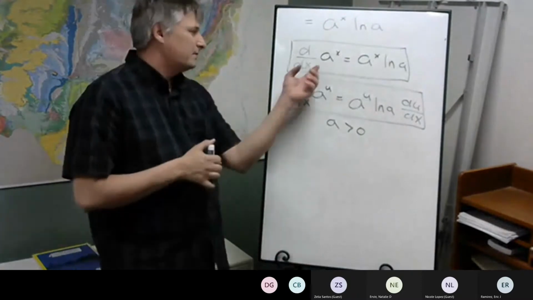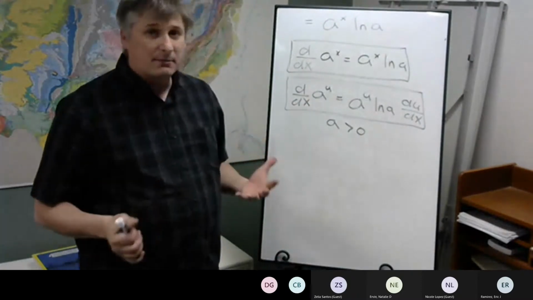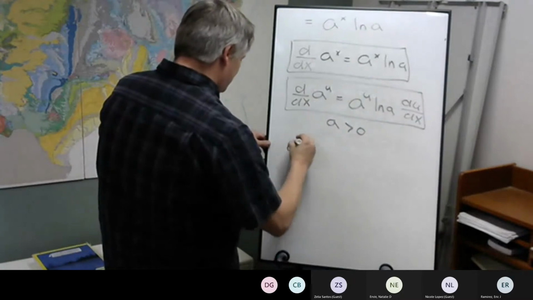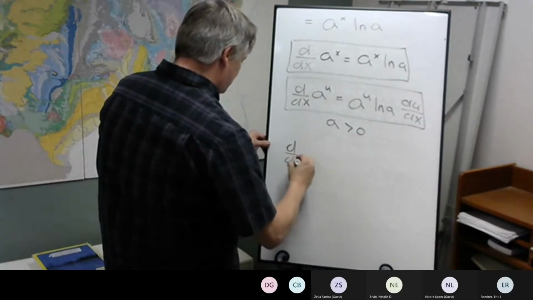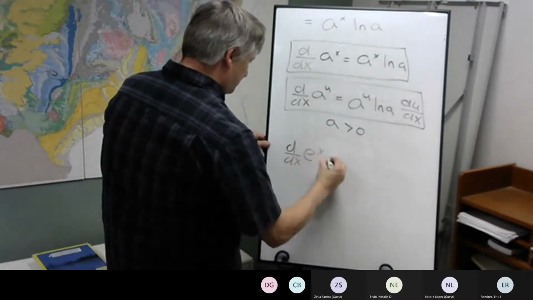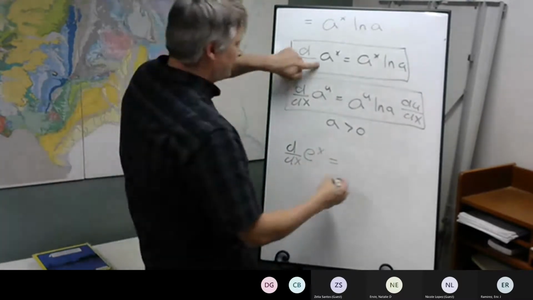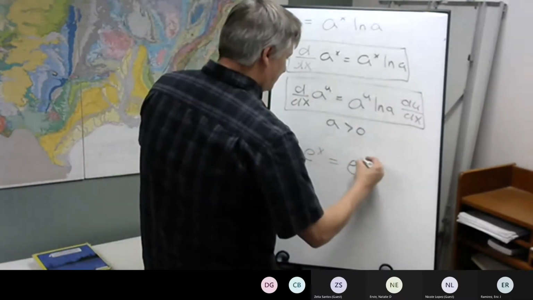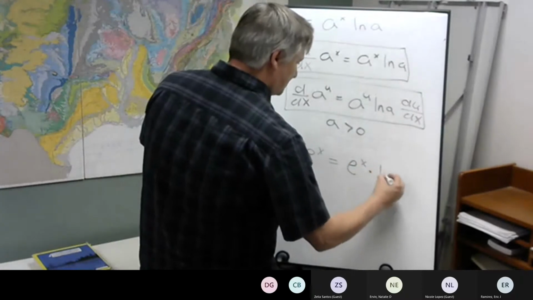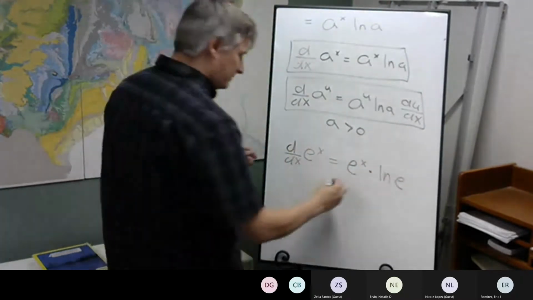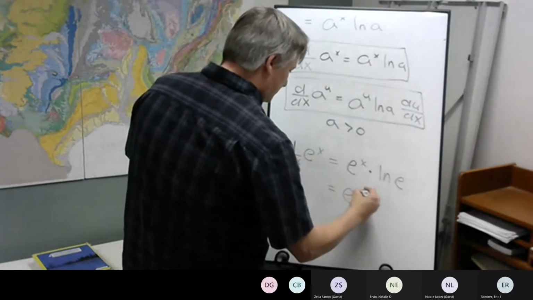So that's how we can come up with the derivative of a to the x. Now, if we think about this, let's take a look at our derivative of e to the x again. Well, according to our formula, it'll be e to the x times the natural log of e, or e to the x.